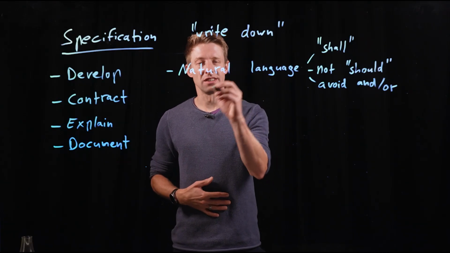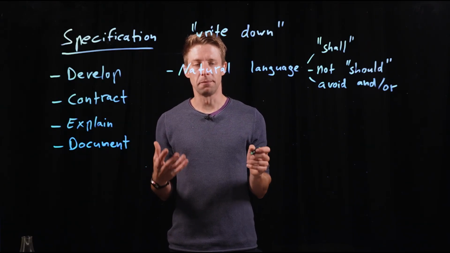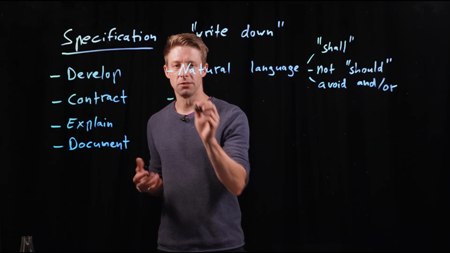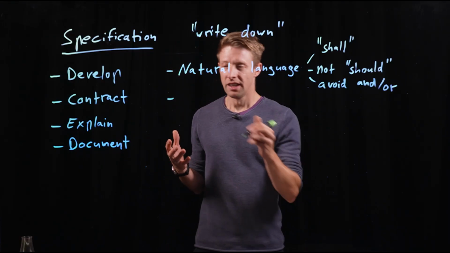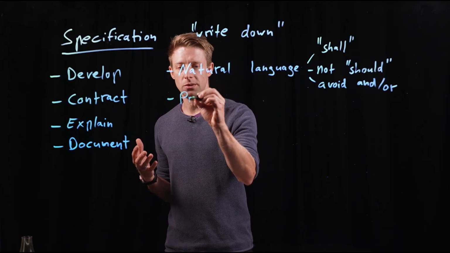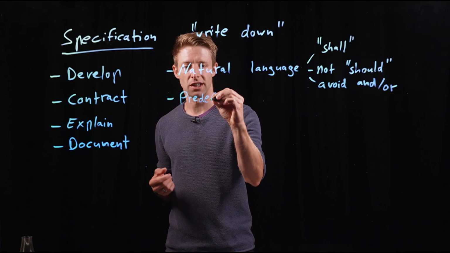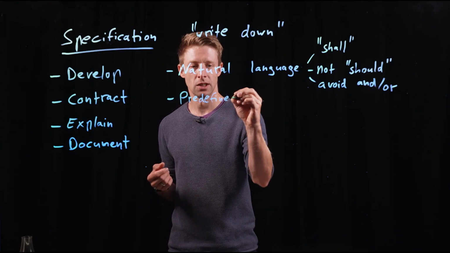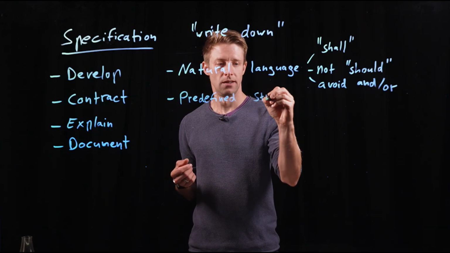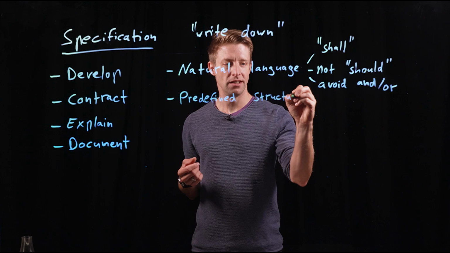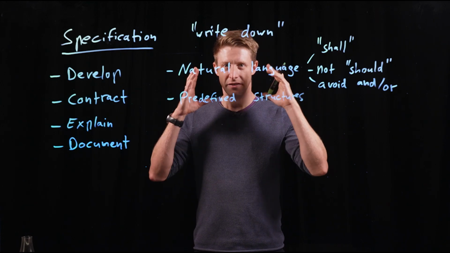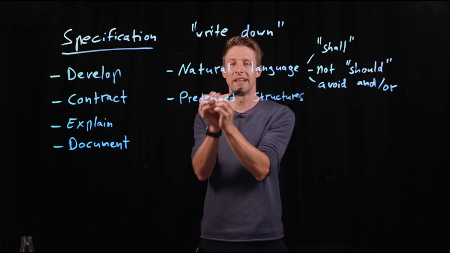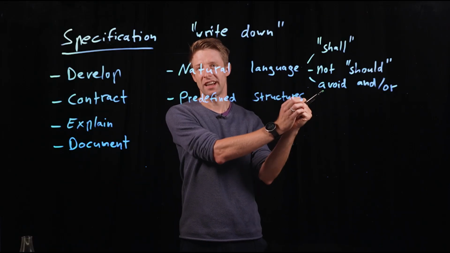Now, because natural language is very imprecise, there are some attempts to formalize this more, and one of them is to use so-called predefined structures or templates. And this means you have certain fixed sentences with placeholders where you should insert text.